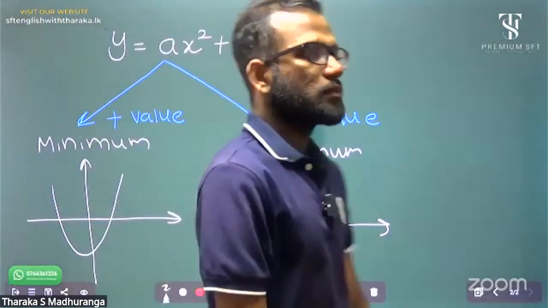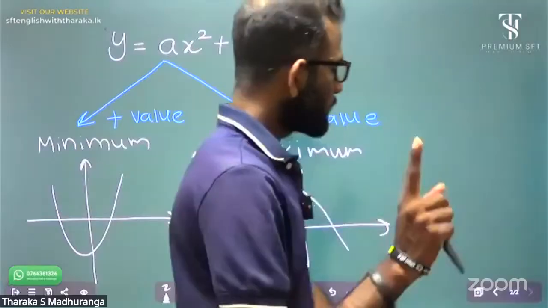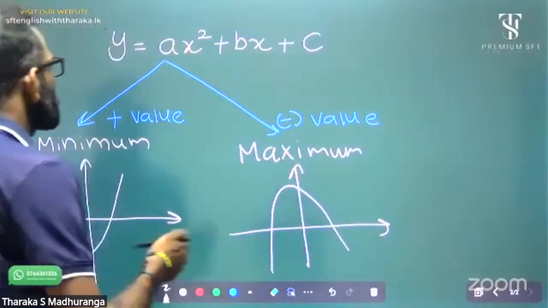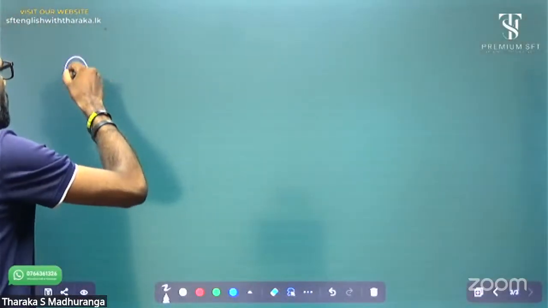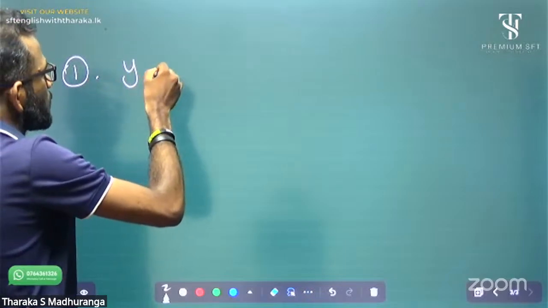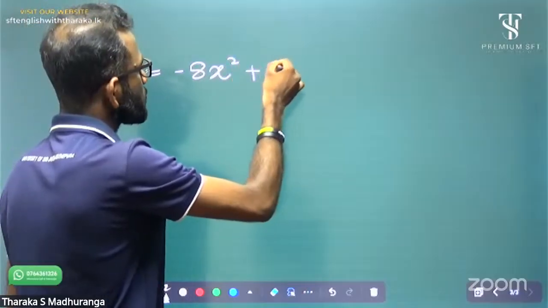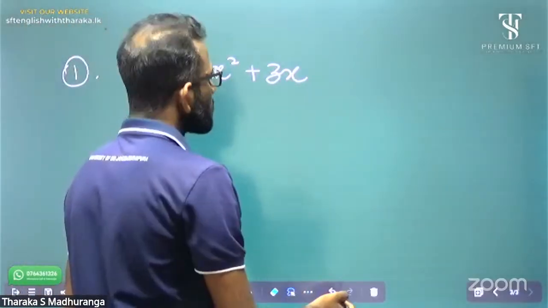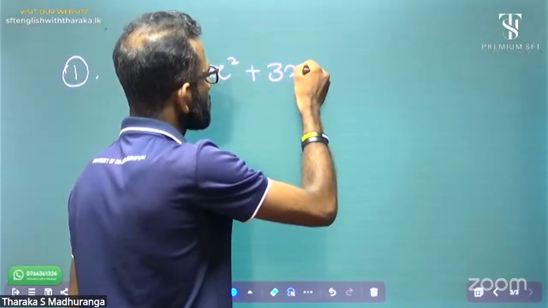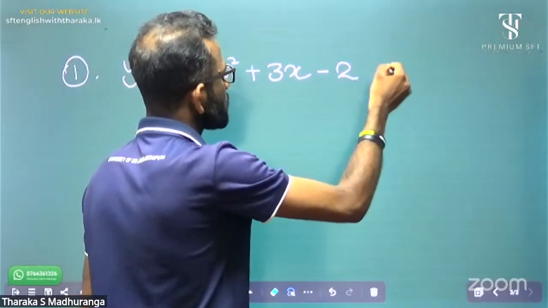Okay. Now, let's practice one question. First one: y equals minus 8x squared plus 3x minus 2.